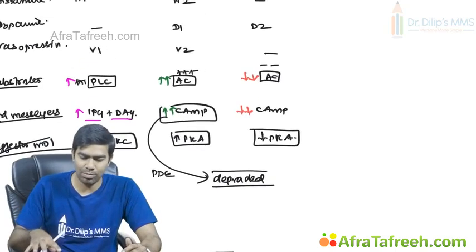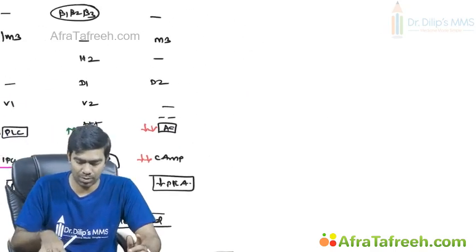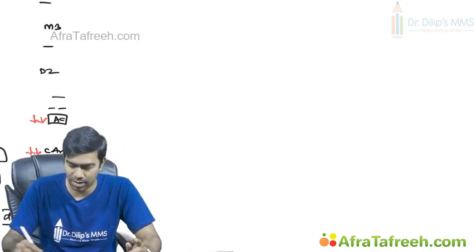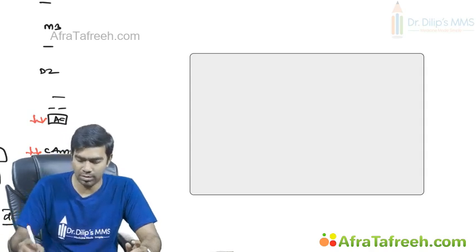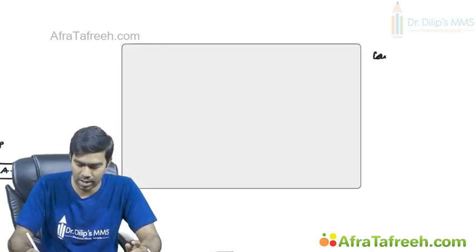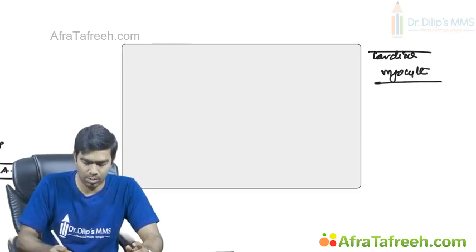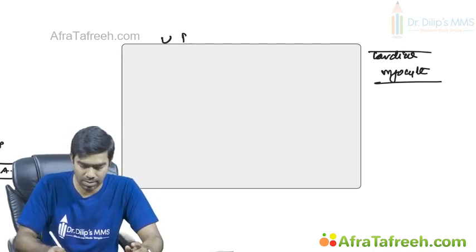Clear? So let us assume a classic example of a G protein coupled receptor. This is given in every single pharmacology textbook. You know that this is a cell. Let us assume this is a cardiac cell or a myocardial cell, a cardiac myocyte. You know, the most important G protein coupled receptor is the beta 1 receptor.